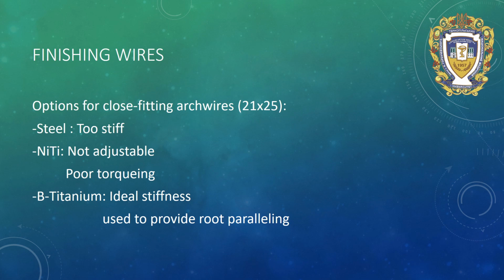Options for choosing finishing archwires. For a 22 slot, it is size 21 by 25. Steel is too stiff, nitinol is not adjustable with poor torquing, better titanium, with ideal stiffness, used to provide root paralleling.